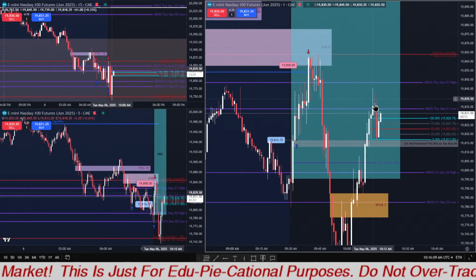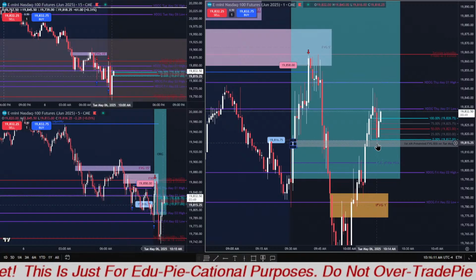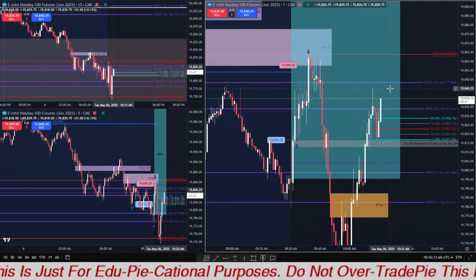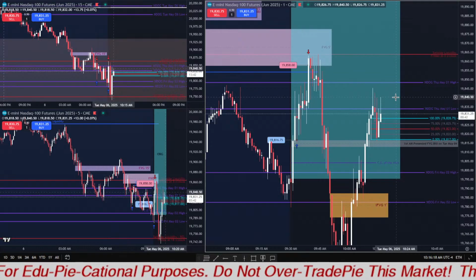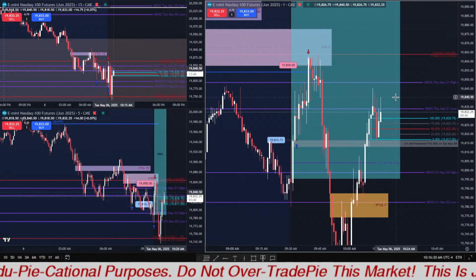Note the reaction of the market after each time touching the first present fair value gap. And now this time we are going higher, reaching the midpoint of the new day opening gap.